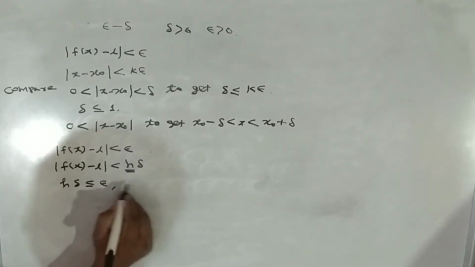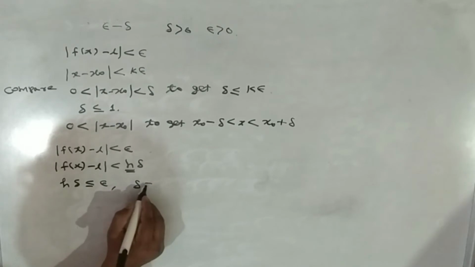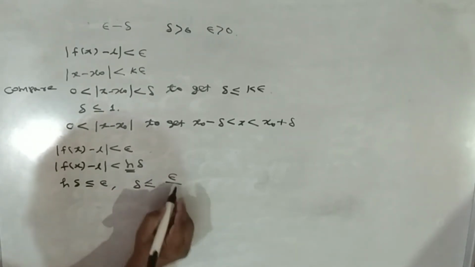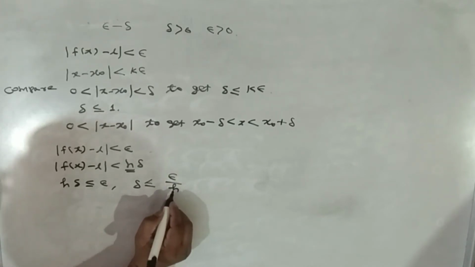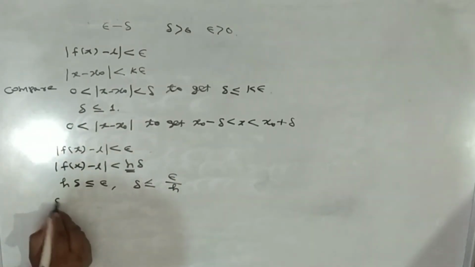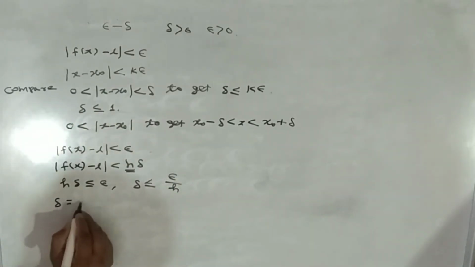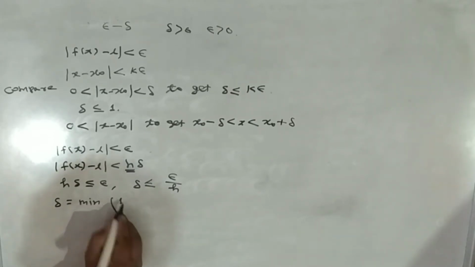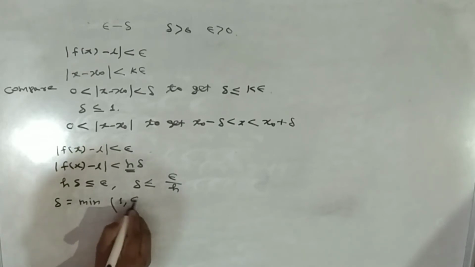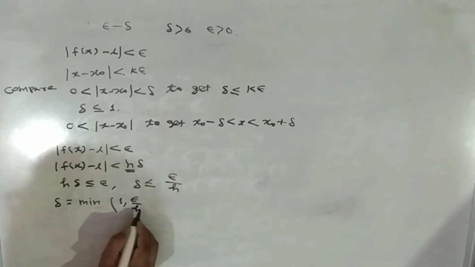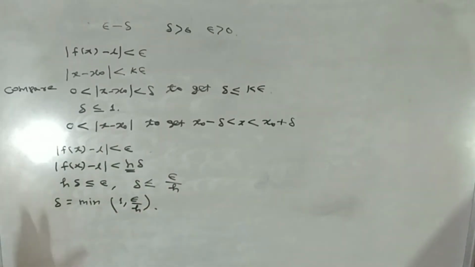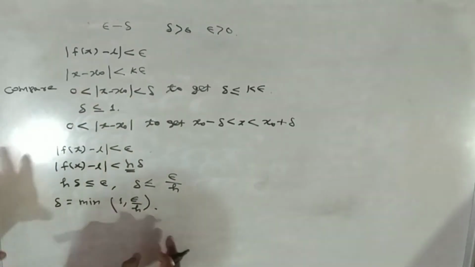That is, delta is less than or equal to epsilon upon h. Then define delta equal to the minimum of 1 and epsilon by h, and we solve some examples by using this.